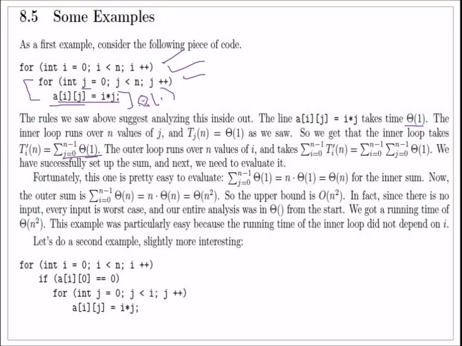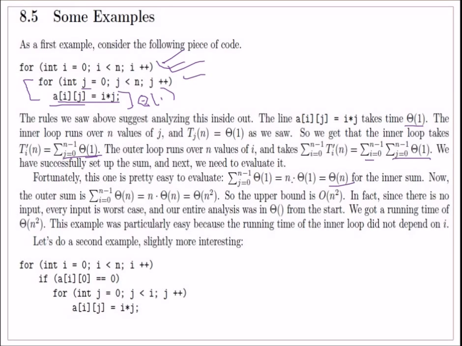This is the inner loop. This upper loop or outer loop will also run for 0 to n minus 1. So what we are doing is, we have already computed this, and now we are adding 0 to n minus 1 for the outer loop. So actually this is the sum. And how to evaluate it? Theta of 1 from 0 to n, say 1 plus 1 plus 1, n times is nothing but n. So this will be theta n.